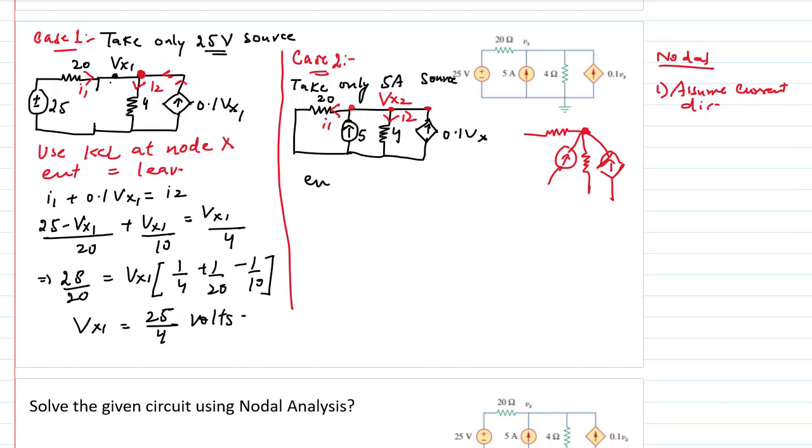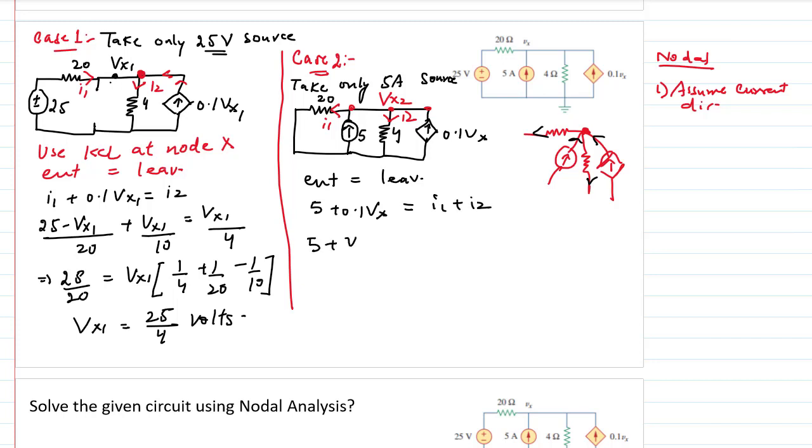Again, currents entering is equal to currents leaving. This current is entering and this current is also entering, and according to the directions I have given for the resistors, these currents are leaving. So we can write 5 plus 0.1 Vx, because they are entering currents, is equal to currents leaving, that is I1 plus I2.